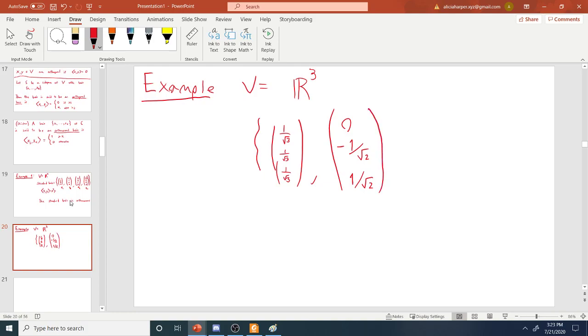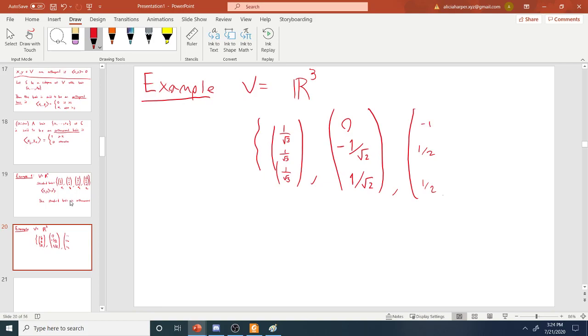And then my third vector, I think I put a 1/2 here, a 1/2 here, and then a negative 1 here.